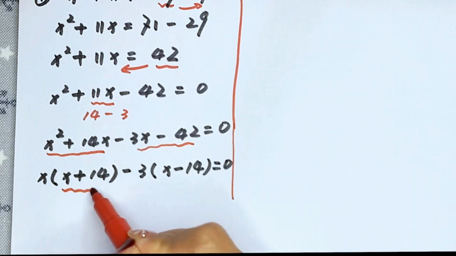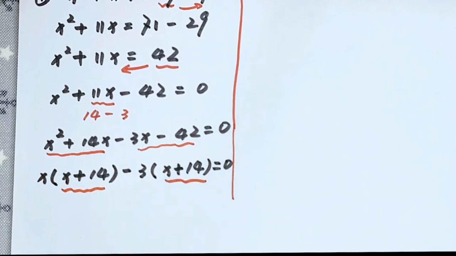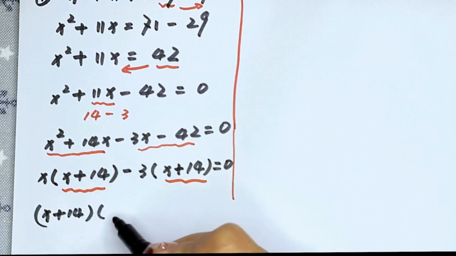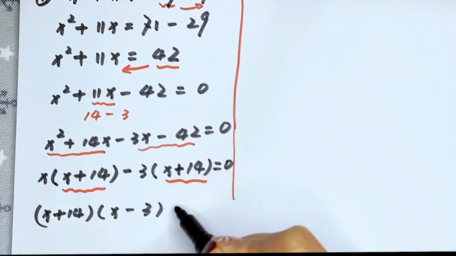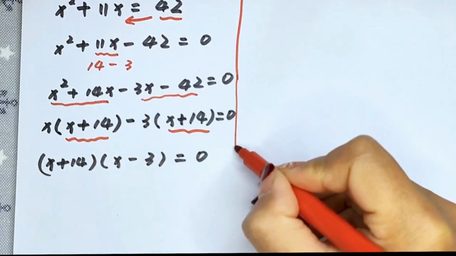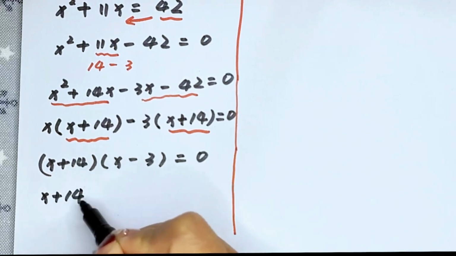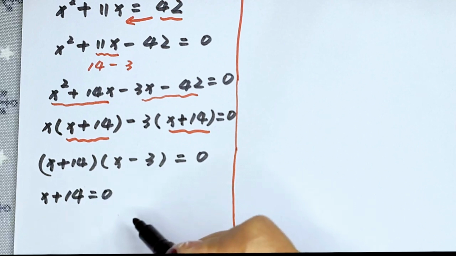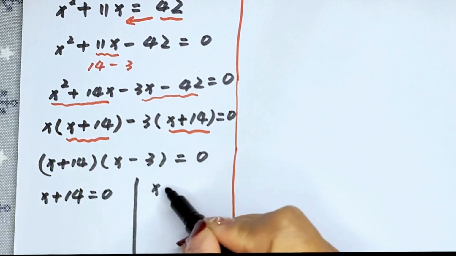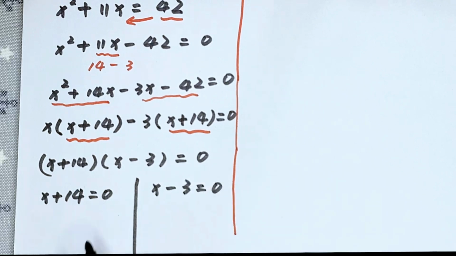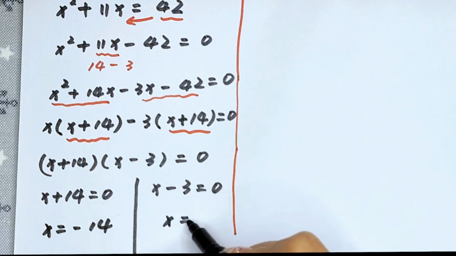Now we can take x plus 14 out of the bracket, then times (x minus 3) equals 0. So x plus 14 equals 0, or x minus 3 equals 0. x plus 14 equals 0, so x equals negative 14. x minus 3 equals 0, so x equals 3.